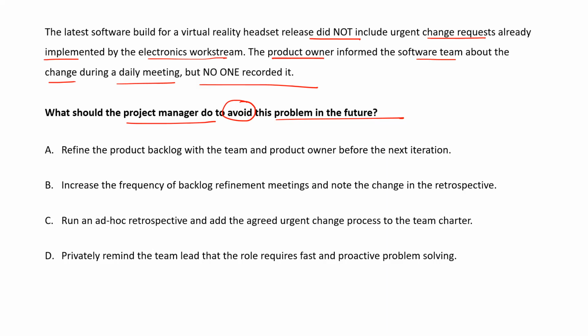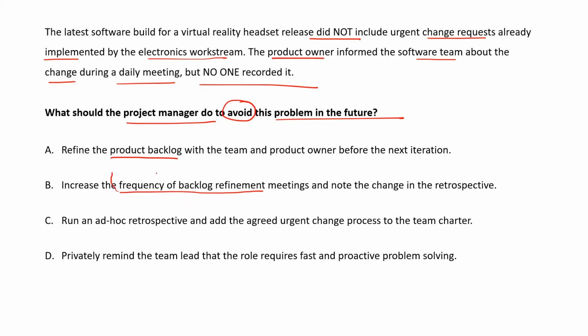And if you remember the basics of agile, you can easily select an answer. Look, this, this, this is the task of who?